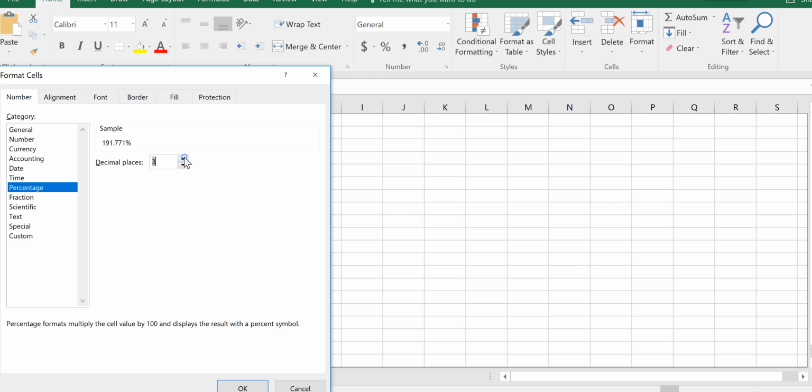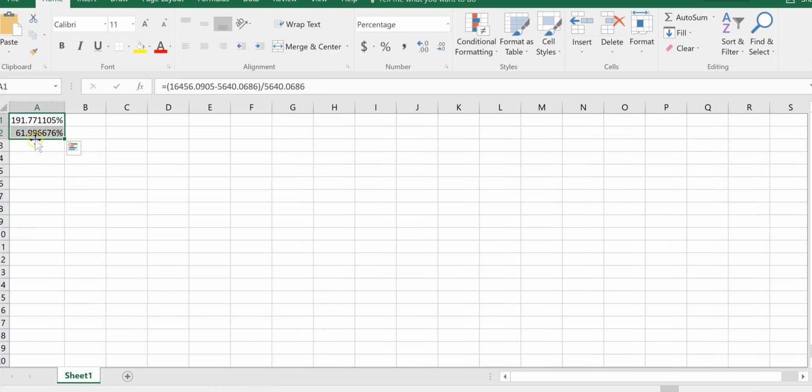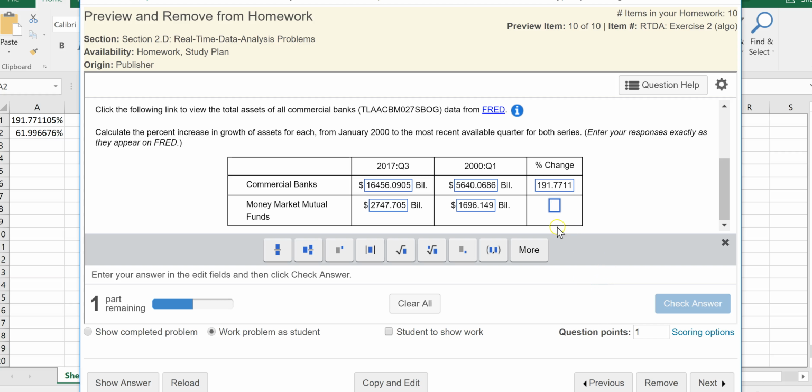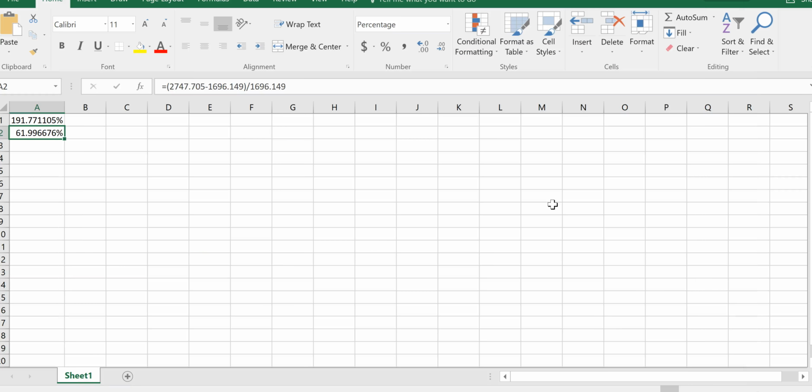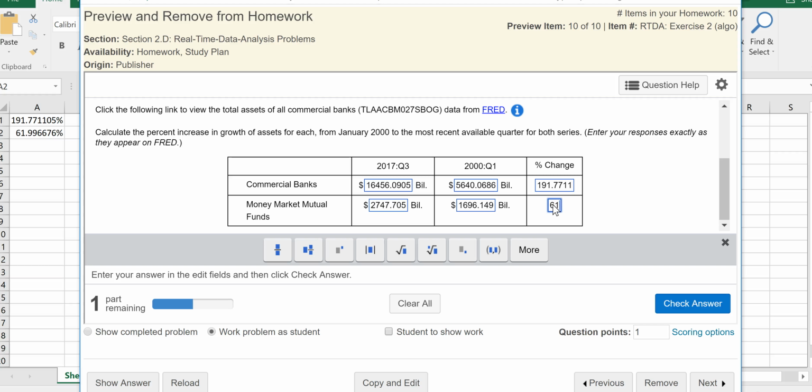There you can keep more decimal places if you want. I think if you just round all these numbers to 2 decimal places, your answer will be marked as correct. But here, let's just keep more decimal places.